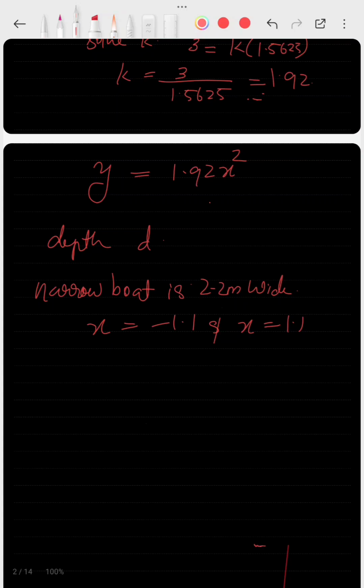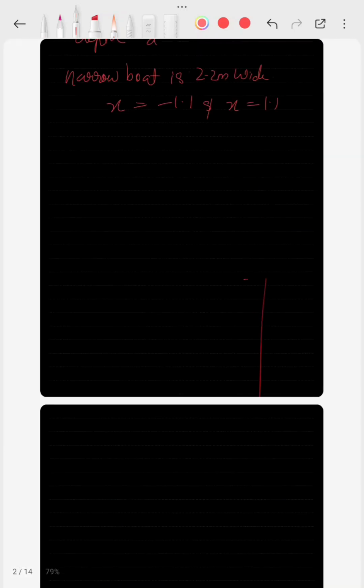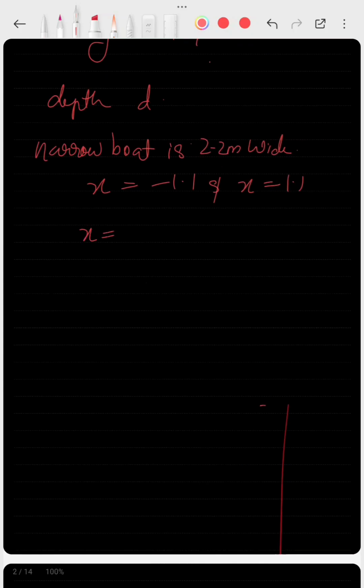Now we have to find the height of the canal walls at x equal plus or minus 1.1. We can substitute the value of x equal 1.1 in our equation, that is y equal 1.92 times 1.1 square.